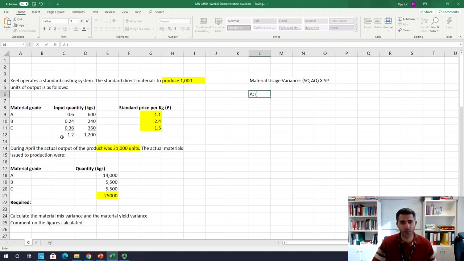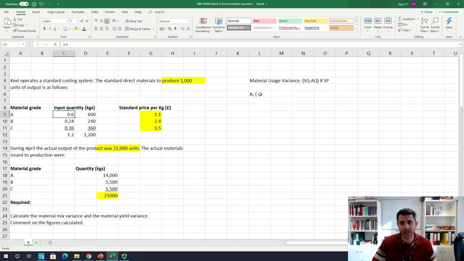The required kilogram of A for 1 unit, 0.6, you need to multiply by the actual output. So 0.6 times 21,000 units equals 12,600.